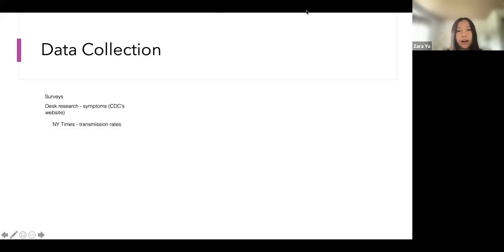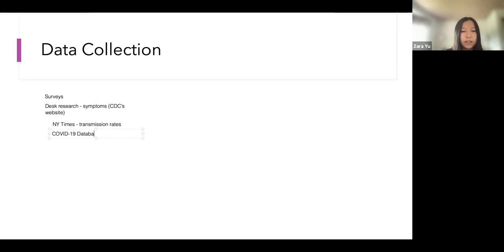Another thing you could do if you're doing desk research is that there are COVID-19 patient databases, where government sites post anonymous people's COVID-19 symptom information, their transmission rate, their age, and whether they had any conditions before.